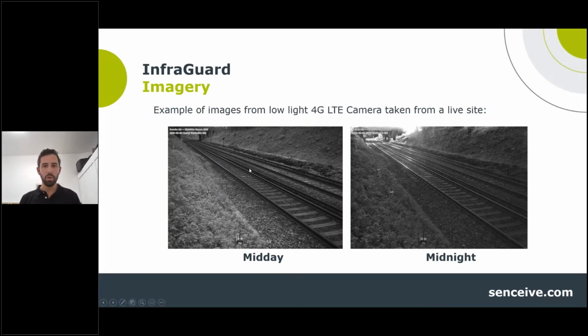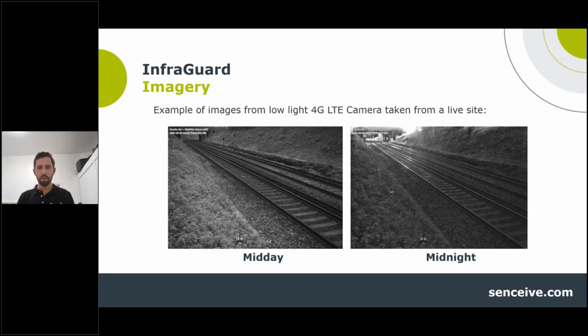These are actual photos from a live site, of course, a rail site. In the foreground here, the bottom of the left-hand side picture, you can see a node mounted on a stake. And along that cutting, you can see them mounted there along this track. In this case, of course, monitoring that cutting, that slope for potential failure or movement closer to the right-of-way of that track. So it's a midday shot on the left-hand side, and then it is a midnight shot on the right.